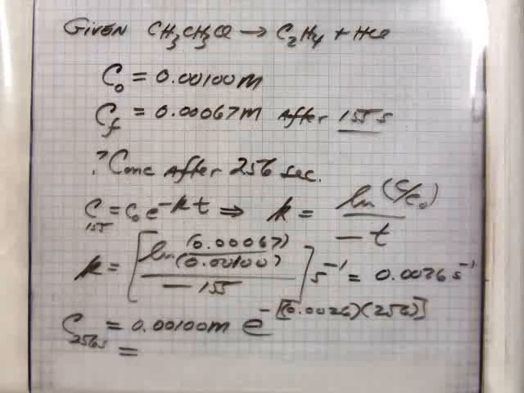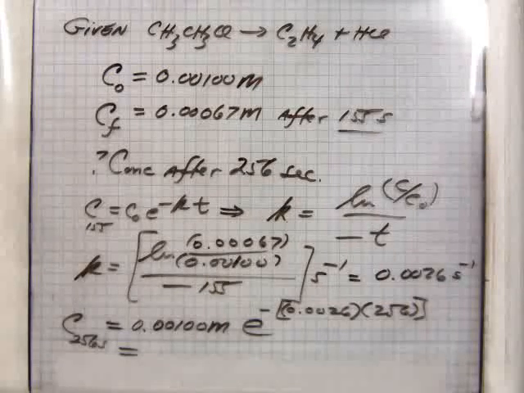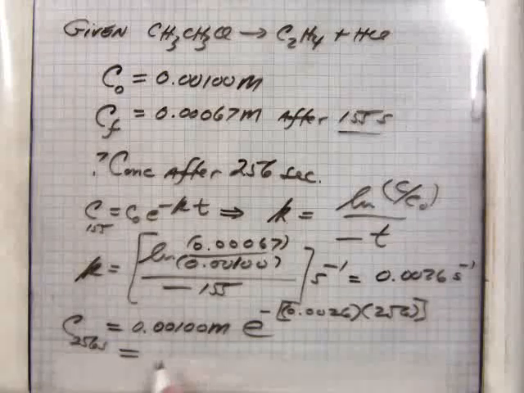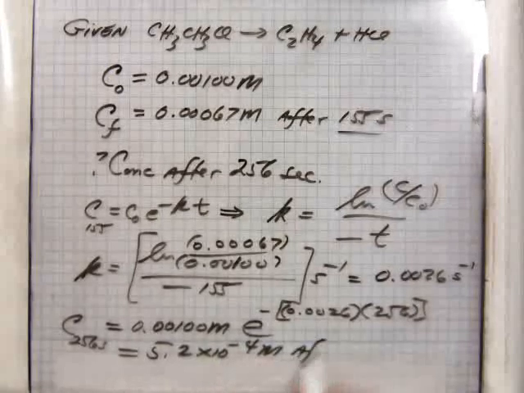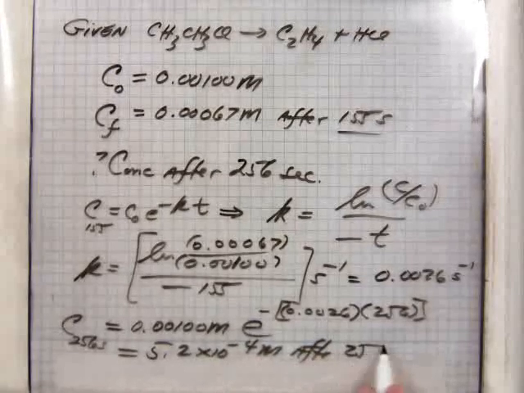I get about 0.5 on the exponential, and times 0.001, I get 5.2 times 10 to the minus 4, if I figured it right.